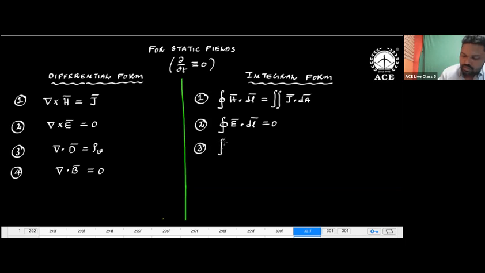Third one, closed surface integral of D dot dA, same thing, is equal to volume integral of rho V dV. Fourth one, closed surface integral of B dot dA is equal to 0.